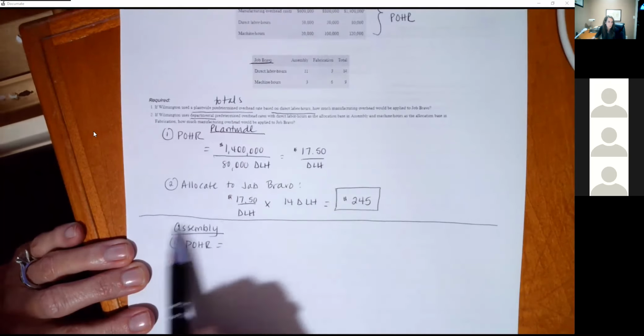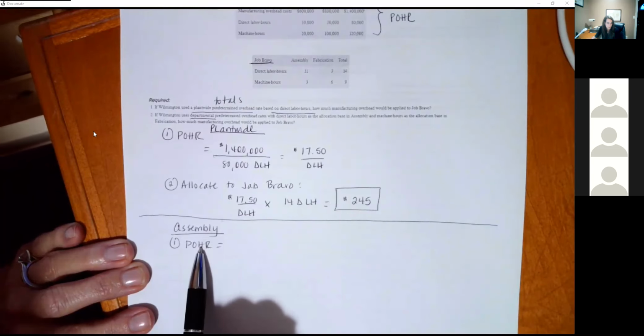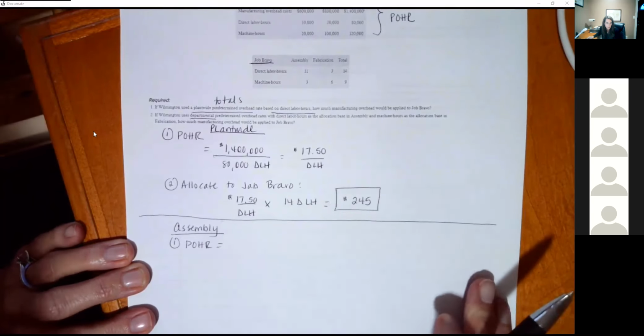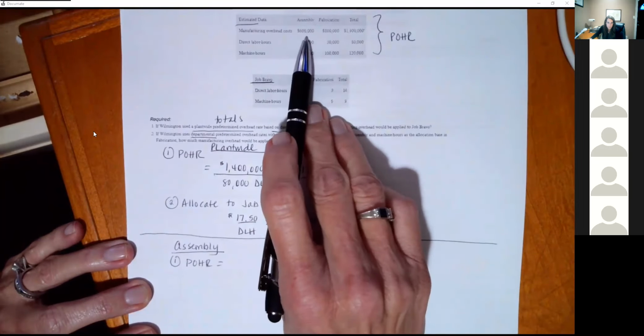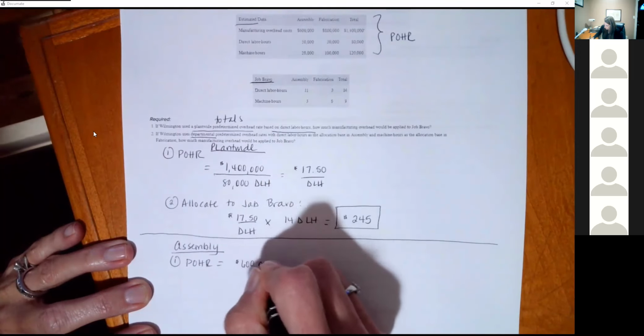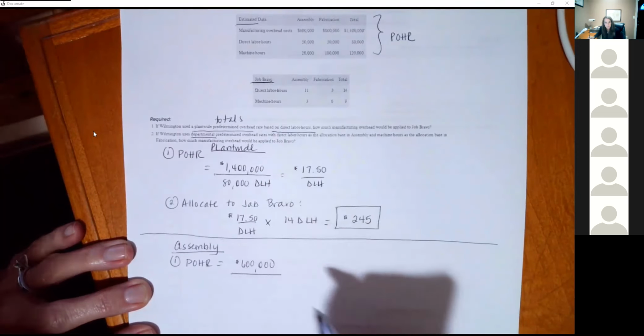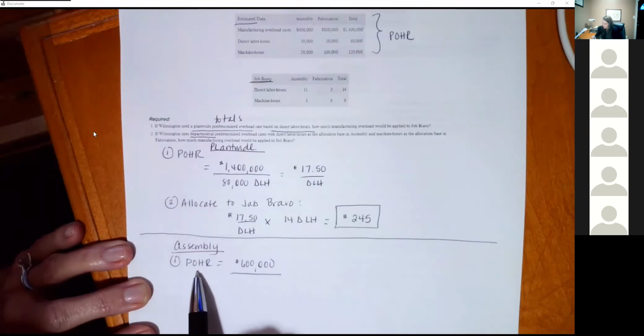So we're splitting it up by department. So what is the total estimated manufacturing costs in assembly? 600,000. Right, the 600,000. And then how do we allocate assembly costs?